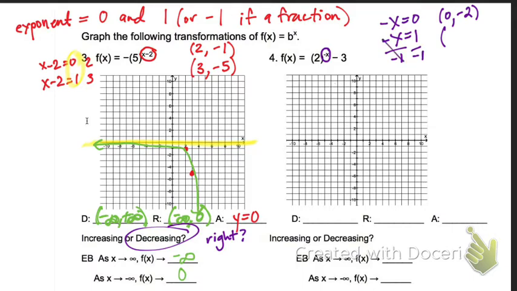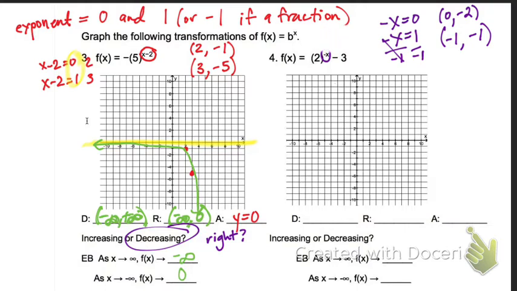The next one, so what x value do I want to use? I divide each side by -1, so x equals -1. And when I plug in -1, I have 2 to the -1, so 2 to the first power, minus 3. 2 minus 3 gives me -1. So my y value is -1.